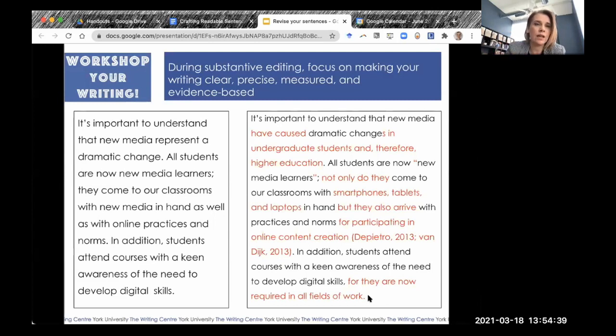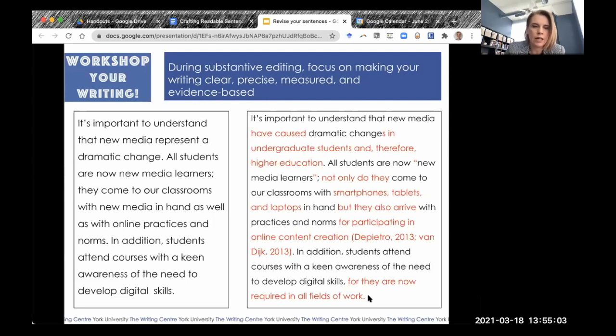Substantive editing will matter a lot more in the end to your grade than just proofreading, even though professors like to get out their red pen and circle all of the grammatical and word choice issues in your paper. They may just do that as they're reading and their grade is based on something else. So it's hard to figure out what they're prioritizing.